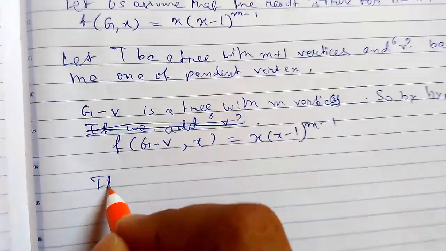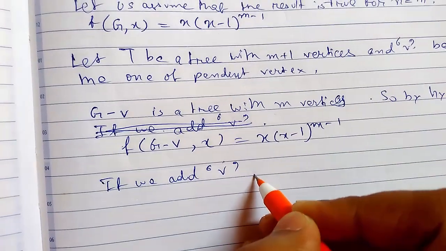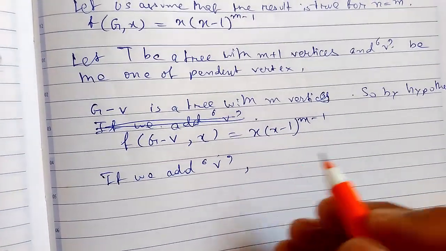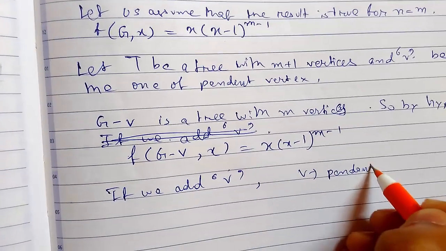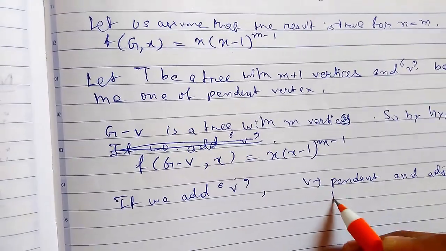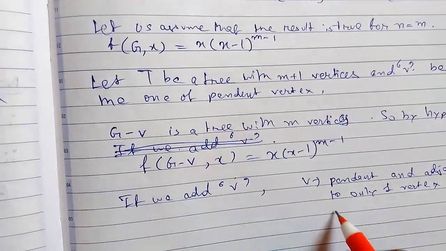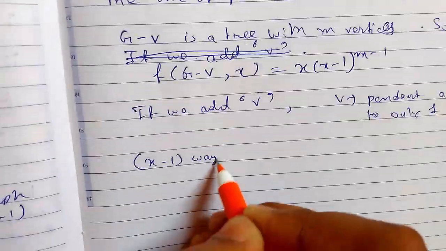Now if we add v to it, since v is pendant and adjacent to exactly one vertex of G, v can be colored in x minus 1 ways.